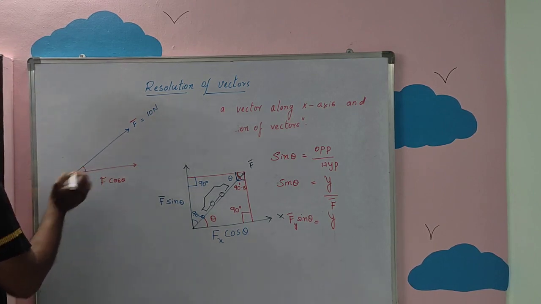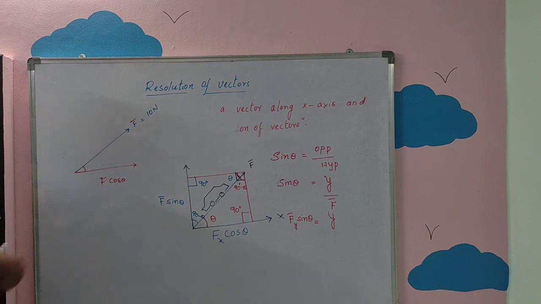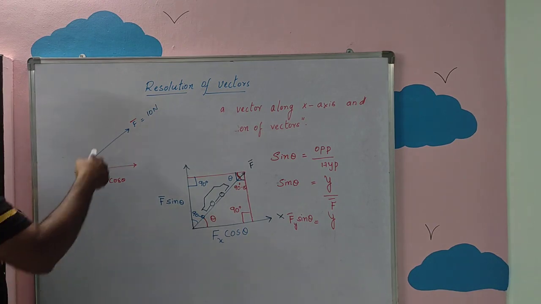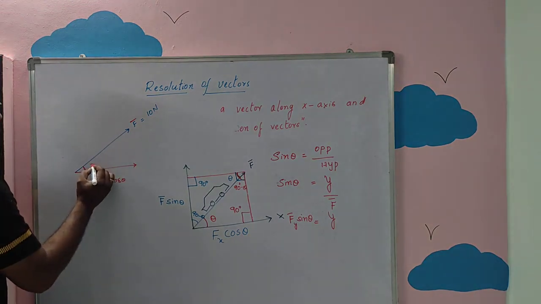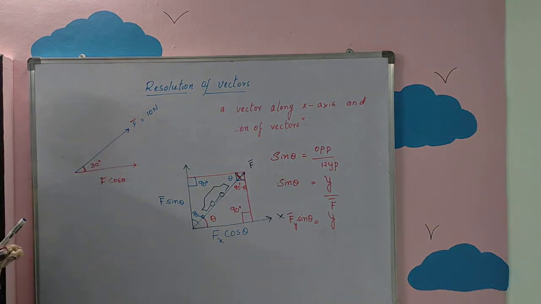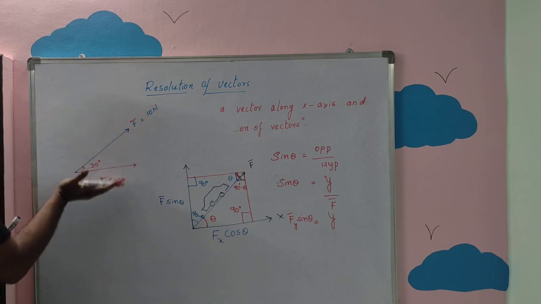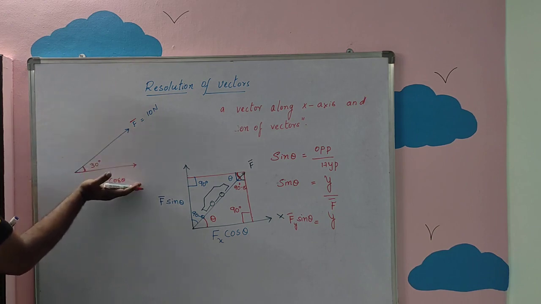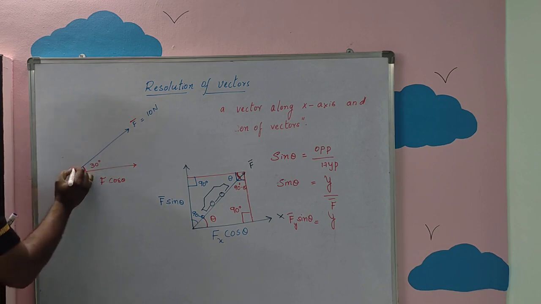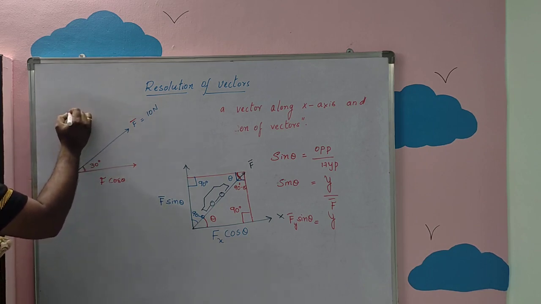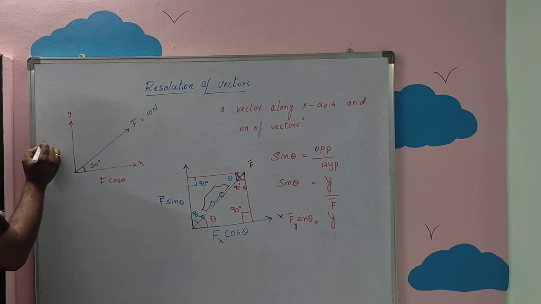Say the angle at which I am lifting the car into the air with the help of a thread or a rope is 30 degrees. So, with a 30 degrees angle I am lifting the car and applying a force of 10 newtons on it. The force acting on the car has its component along the x axis, which is F cos theta, and its component along the y axis, that is F sin theta, right?